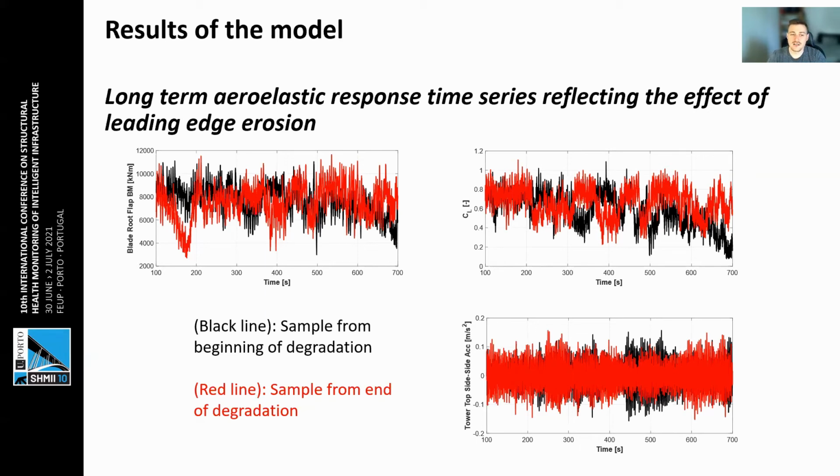You can see that due to the inflow conditions being different, it is not that obvious how to tell apart the different levels of degradation. And it is for this reason that we feel that machine learning methods will be well suited for the diagnostics part of our problem.